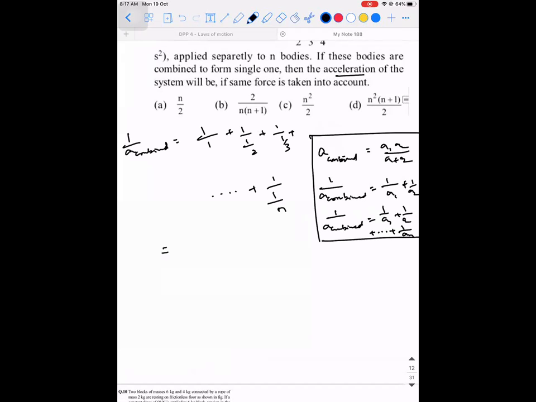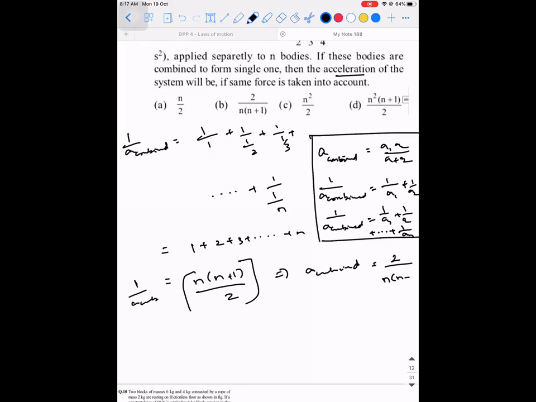So what is this? 1 plus 2 plus 3 plus so on till n. So what is this? n into n plus 1 divided by 2, correct? So this is 1 by A combined. So what will be the value of A combined? 2 divided by n into n plus 1.